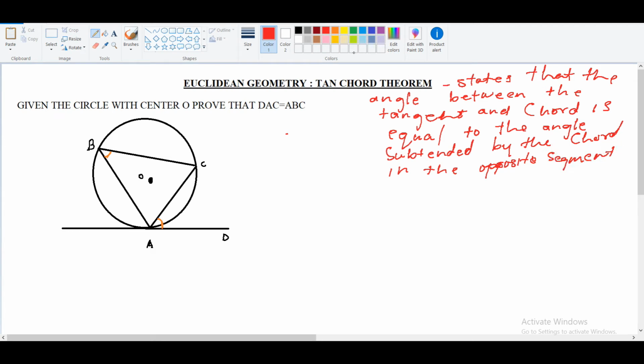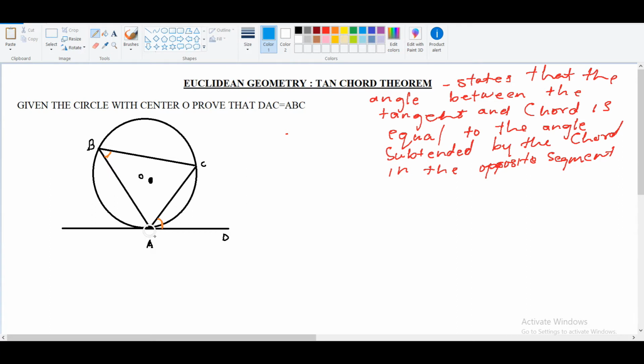So it's important that you understand the language, the terms that are used there. They are saying the angle between the tangent and a chord. So the first thing you need to know is what a tangent is and what a chord is. When we are talking about a tangent, we are talking about a line that touches the circle at only one point. So this line, the tangent AD, touches the circle at A. That is the only point where the tangent is touching that circle.